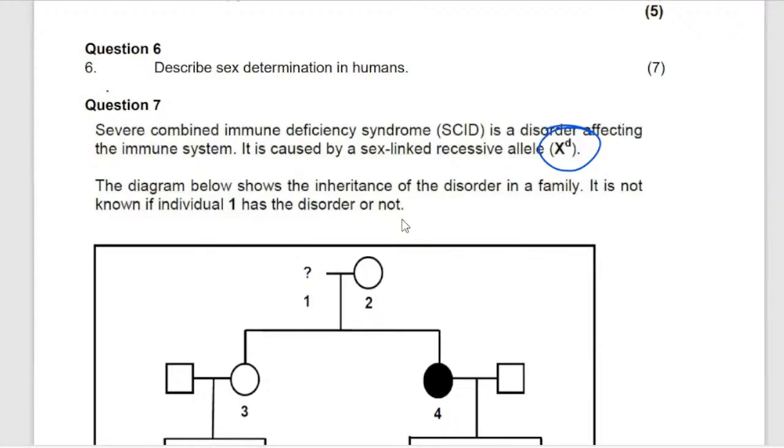I repeat, identify whether it's caused by a dominant allele or recessive allele. Because if it is caused by a recessive allele, the one who is homozygous recessive is the one who is going to be affected. If it is caused by a dominant allele, the one who is homozygous recessive is going to be normal. Let me show you using here.